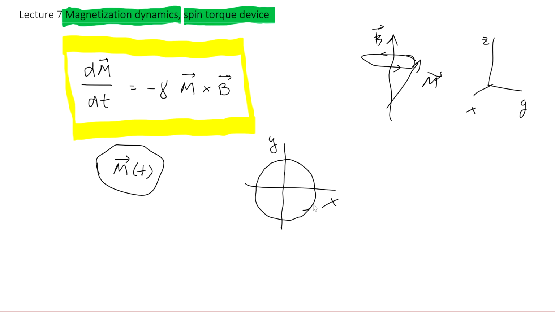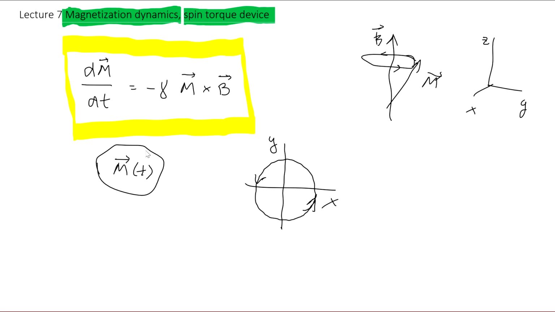So if it's a magnetic field in free space, it will be a circular line. It would be a circle, so it would be sine wave along x and y axis. So magnetic field points up here towards you out of your screen, so therefore the precession is going this way. So it will precess.